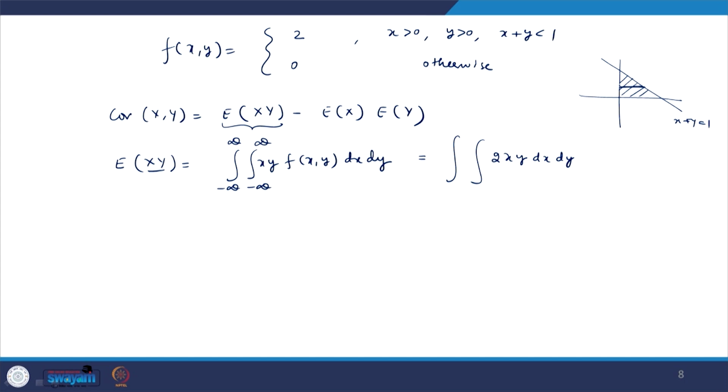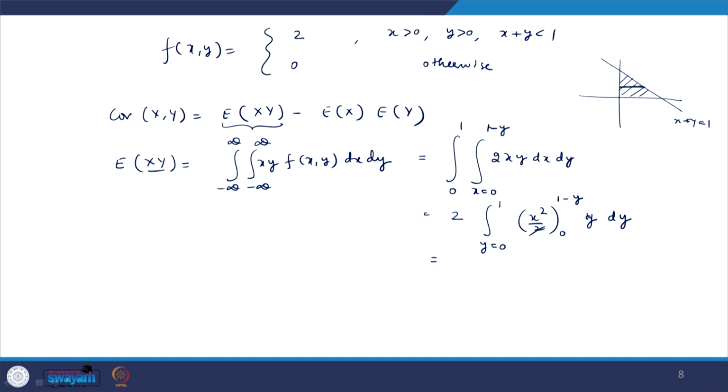What is x here? x here is 0 and x here is 1 minus y, and y is varying from 0 to 1. So, this is 2 times the integral y from 0 to 1. Now, you have to integrate x here. x is x square upon 2, from 0 to 1 minus y, and this is y dy.